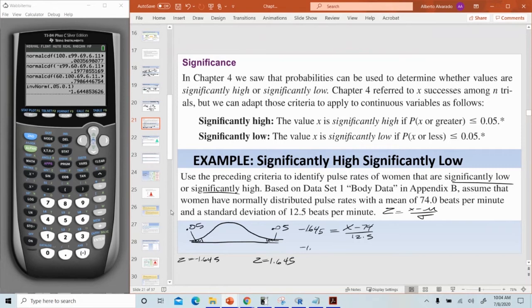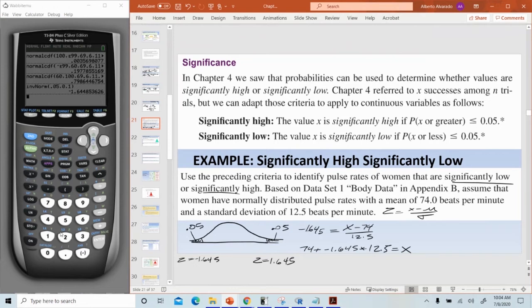Negative 1.645 times 12.5, plus 74. I'll do that first. 74 plus negative 1.645 times 12.5 equals X, right? By doing a little bit of algebra, multiplying by 12.5 right here, and then adding 74.